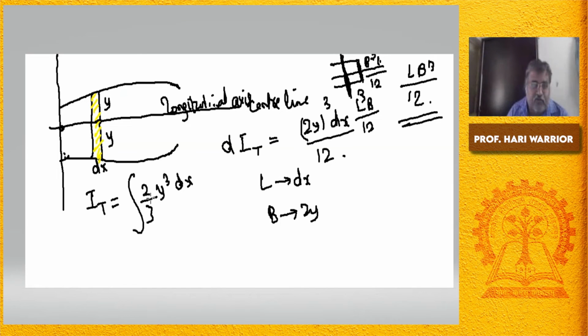IT will be integral of 2 by 3 y cubed dx, which becomes sigma 2 by 3 sigma yi cubed into alpha I into delta L.